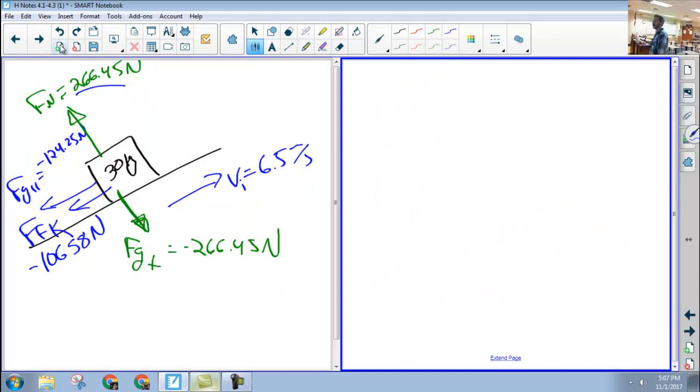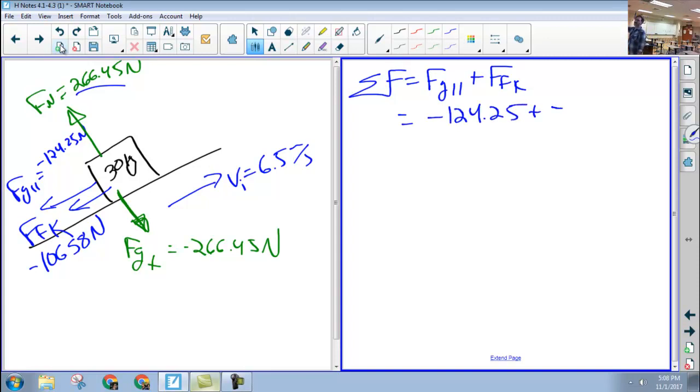Now what I can do is say my net force is the sum of all my forces. So the two green forces cancel out. I'm just left with FG parallel and the force of kinetic friction, which is negative 124.25 plus negative 106.58.